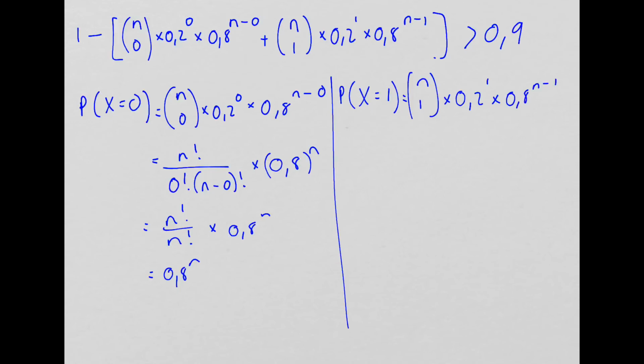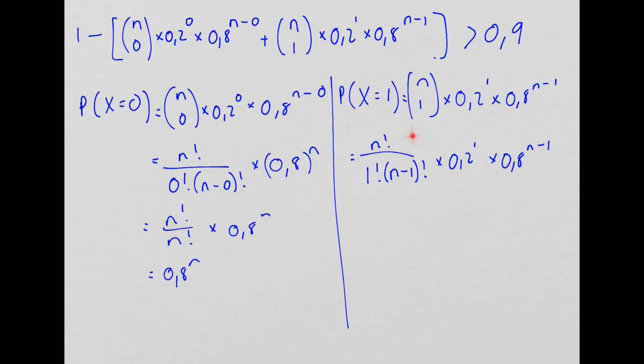Putting that into factorial notation using our combinations formula, we have n factorial over 1 factorial times n minus 1 factorial, times 0.2 to the 1 times 0.8 to the n minus 1.